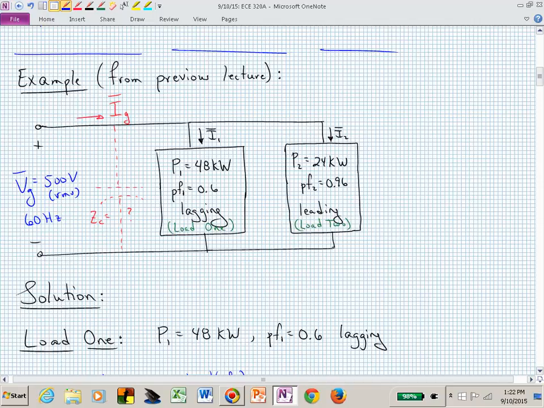They look like interconnected R's and L's, and that's what most of them look like. So if you introduce this capacitor bank, you're able to offset or reduce some of that inductive look of the overall plant.